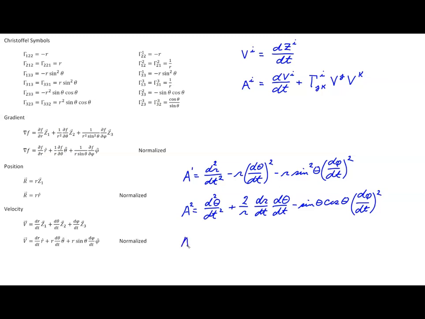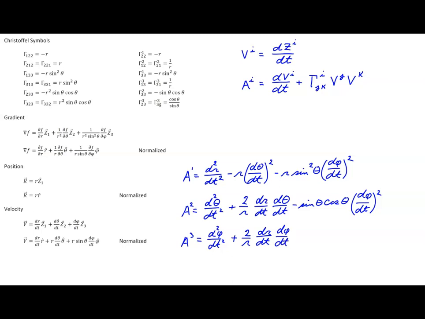And finally, a3, that's going to be equal to the derivative of v3 with respect to t. That's the second derivative of phi with respect to t. And then all the gamma terms that have a 3 in the upper position. There are two of them here, two of them here. These are equivalent, so we can combine them. So here we're going to have 2 over r times velocity components v1 and v3. That's dr dt and d phi dt.